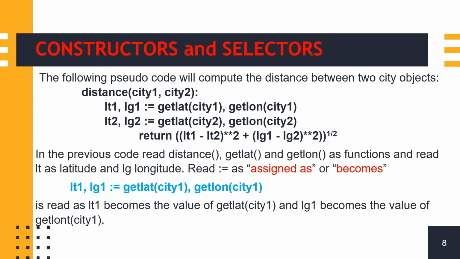So lt1, lg1 := get_lat(city1), get_lon(city1) is read as: latitude 1 becomes the value of get latitude of city 1, and longitude 1 becomes the value of get longitude of city 1. I think you can understand this coding once you see it.